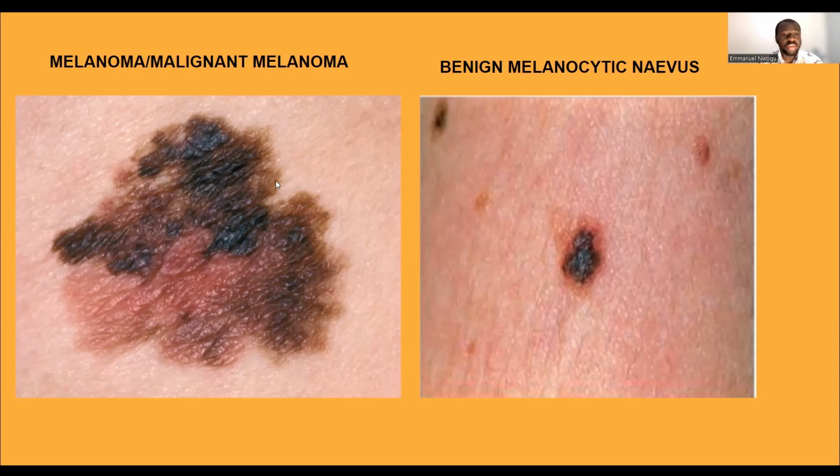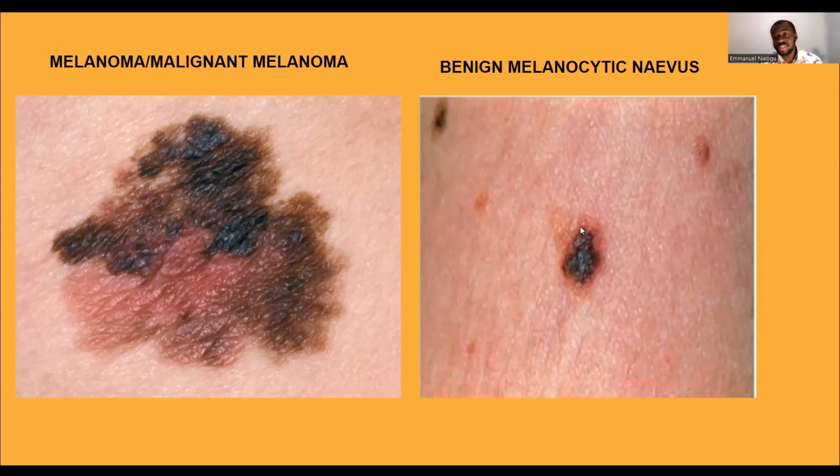You can see irregular borders, so irregular margin. You can see multiple levels of darkening of melanin pigmentation. You can see that it's black there, it's lighter there, but it's still pigmented. And you can see variegated levels of pigmentation. You can see irregular borders. This is highly suspicious of a melanoma, of a malignant skin lesion.